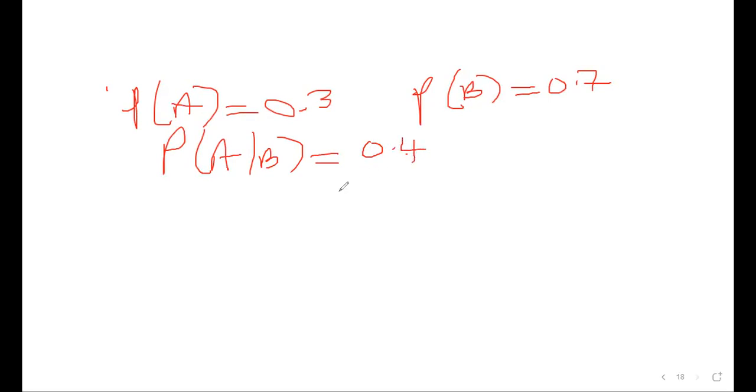Who can give me the probability of A intersection B? That's number one.